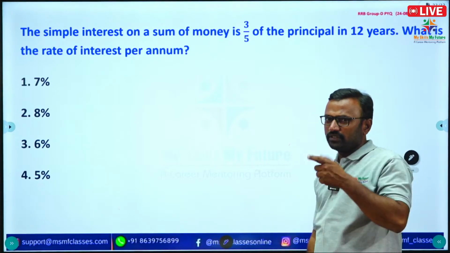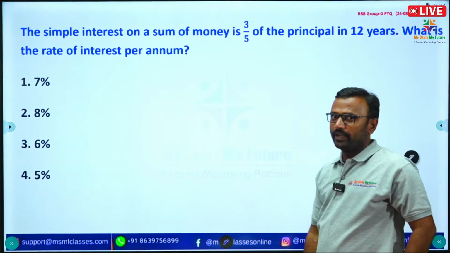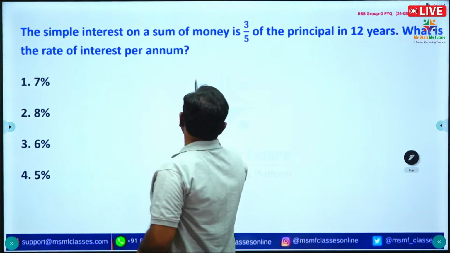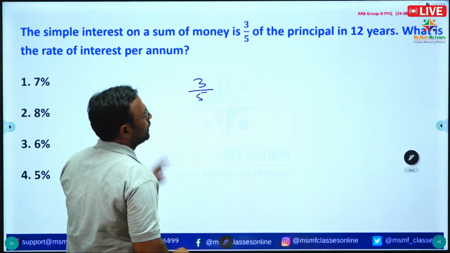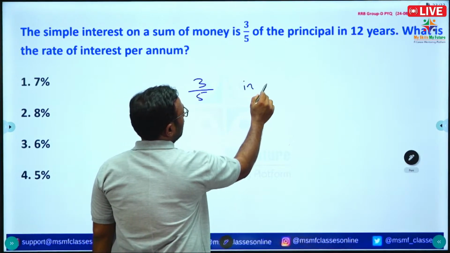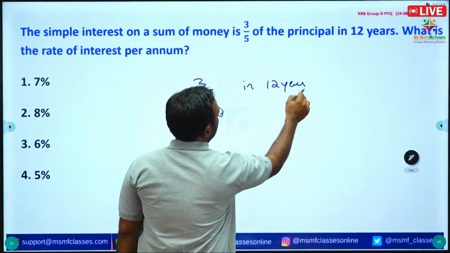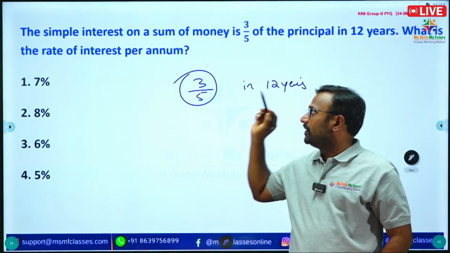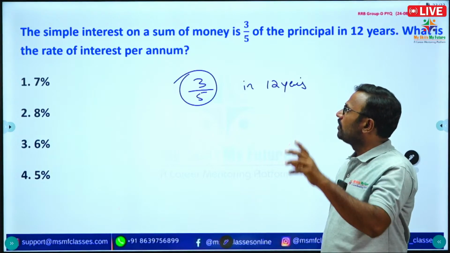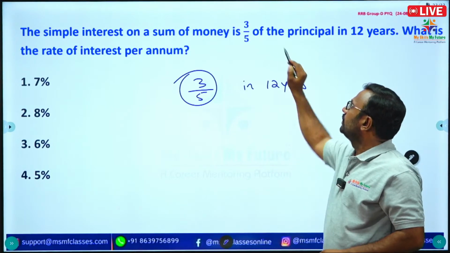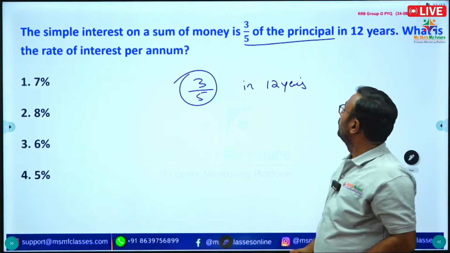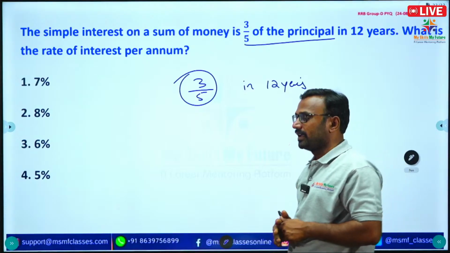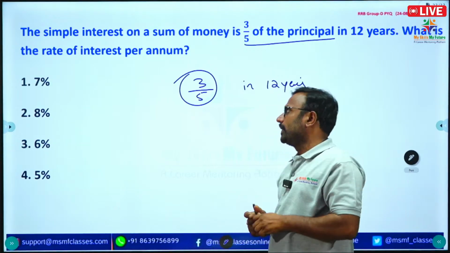Right, see the question. The question is given on simple interest. The simple interest on a sum of money is 3 by 5 of the principal in 12 years. What is the rate of interest per annum?